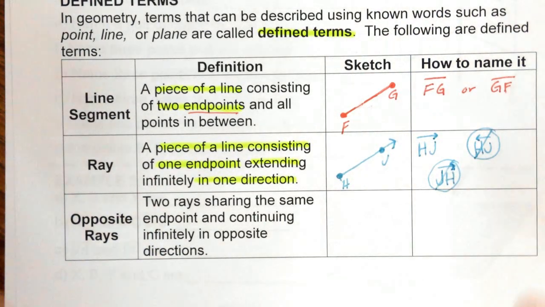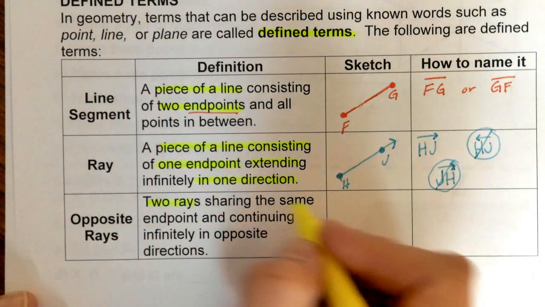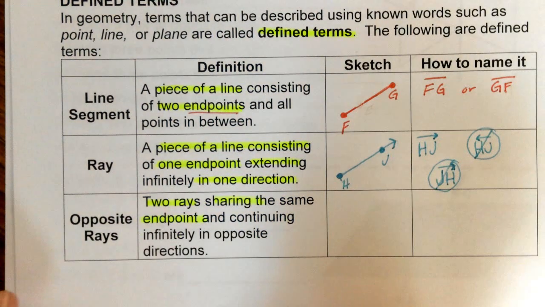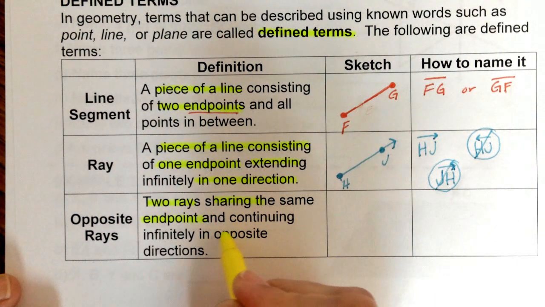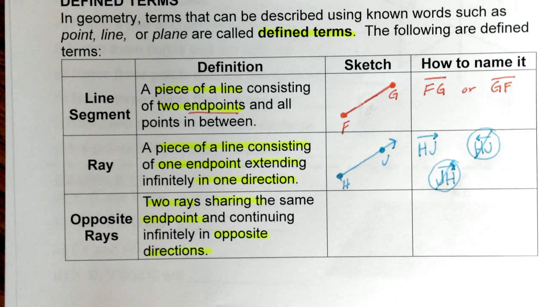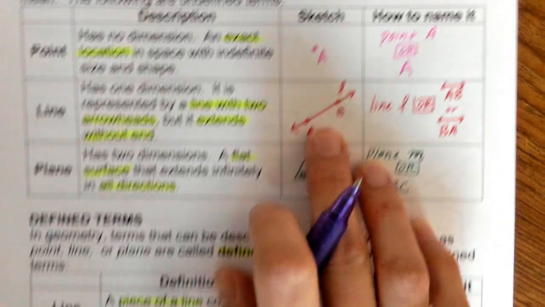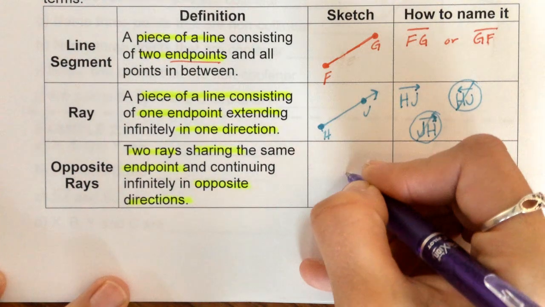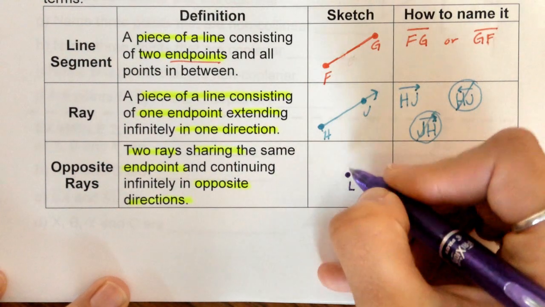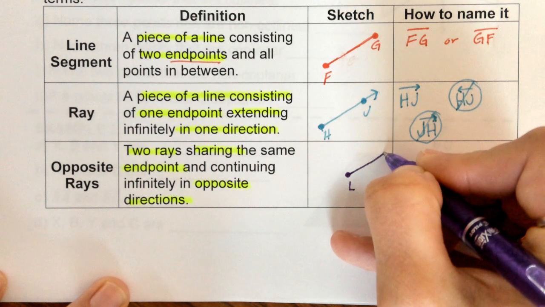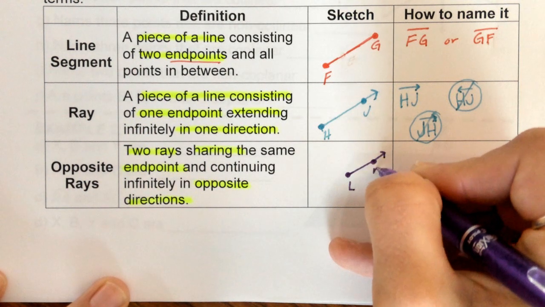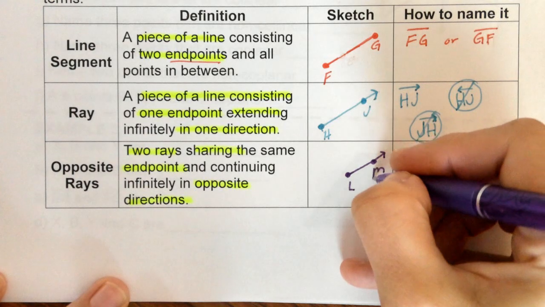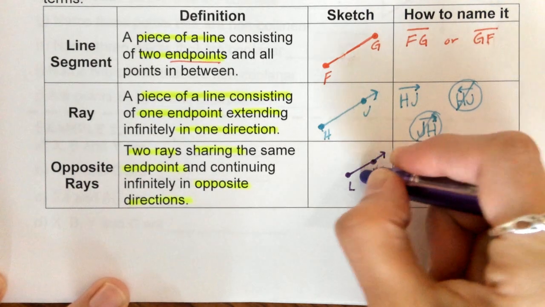Opposite rays. Your opposite rays are simply going to be two rays that share the same endpoint, and they're going to continue in opposite directions. So basically, if you have a line from up here, but you have 3 different points on it, let's say that we've got this point L. I'm going to have a ray over here, ray LM, sorry, it should be capitalized, LM.